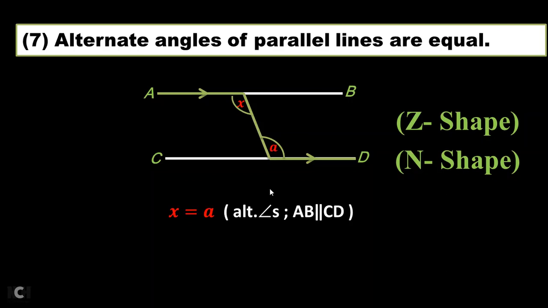Without parallel lines, even if you can see the Z shape or the N shape, you don't have alternate angles. You only have alternate angles when you have parallel lines. So since this can be noted by the Z shape or the N shape, it means this angle right here is equal to that angle right there, because we have another Z. Do you see it? Or the N?